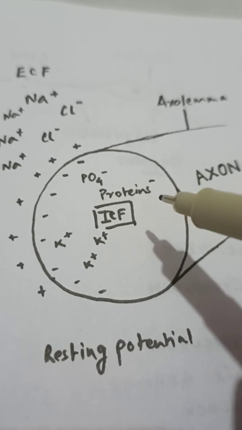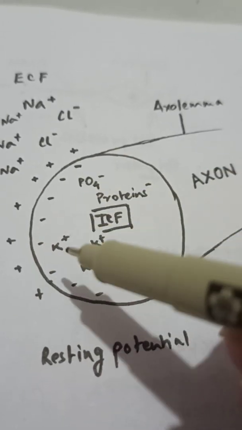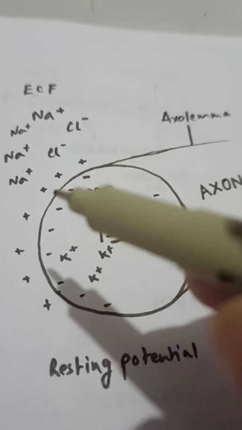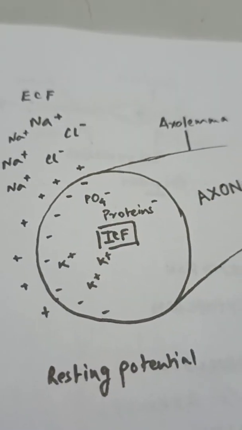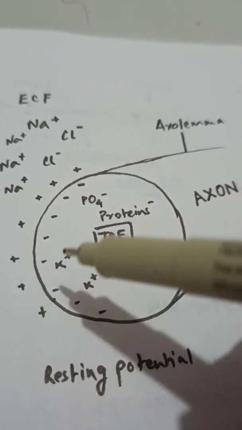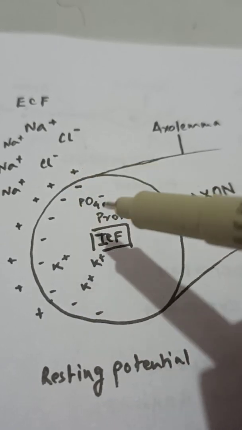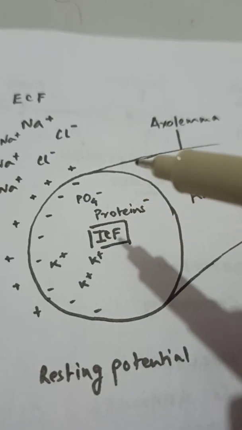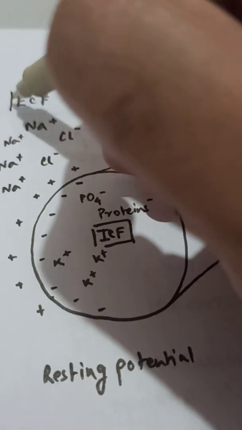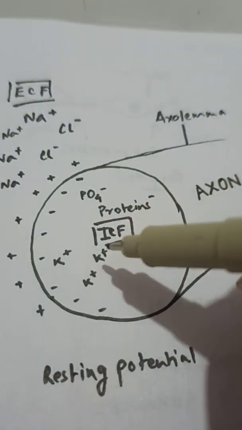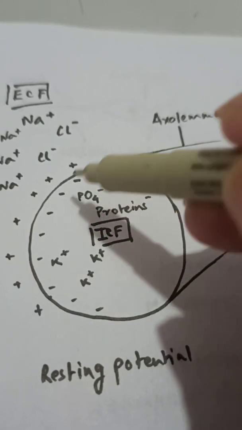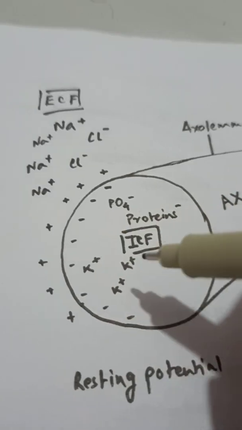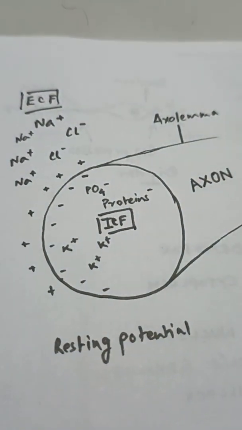Phosphate and protein are very large structures in comparison to potassium and sodium, which are simply single atoms. So these large molecules are not able to move outward that easily, whereas potassium can easily travel outward.